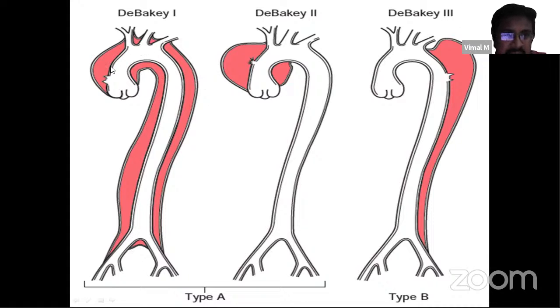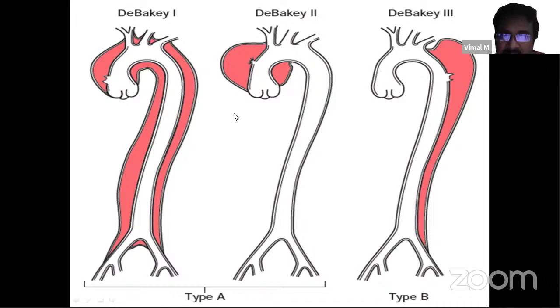DeBakey type 1 involves both the ascending and the descending aorta. DeBakey type 2 affects only the ascending aorta. DeBakey type 3 involves only the descending aorta. So you have two types of classification, DeBakey and Stanford.